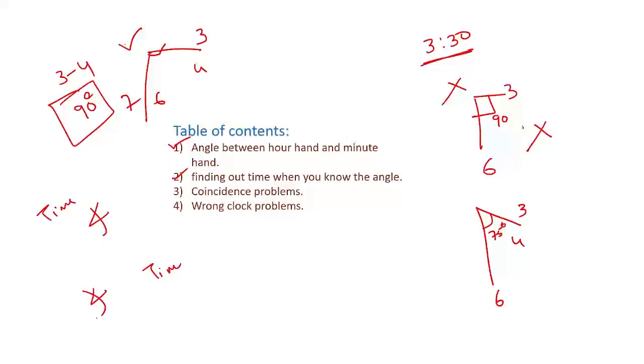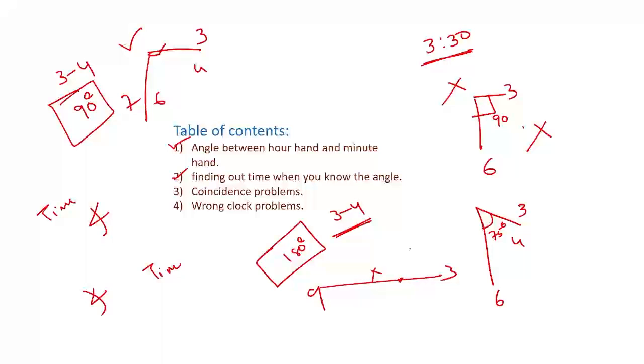For example, at what time between 3 o'clock and 4 o'clock are the hands going to be exactly 180 degrees? So I want to find out at what time between 3 and 4 o'clock you are going to make an angle of 180. Most of the people will say this is 3:45, but that's wrong because in these 45 minutes, the hour hand is going to be somewhere in between 3 and 4.